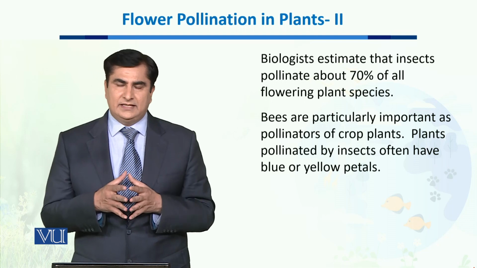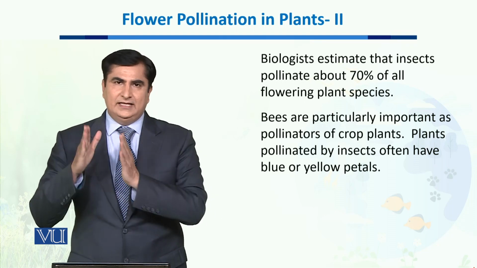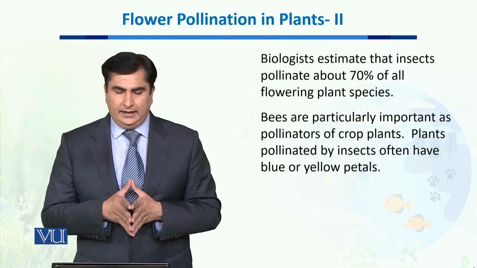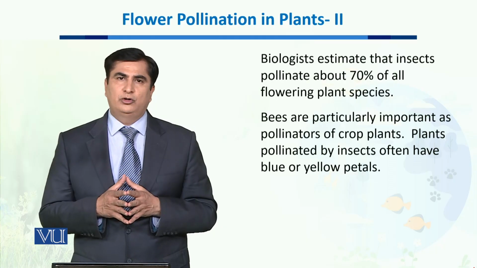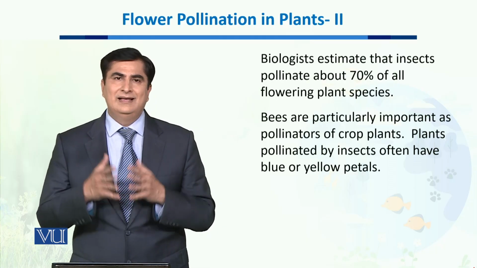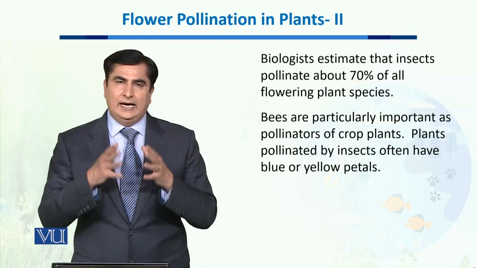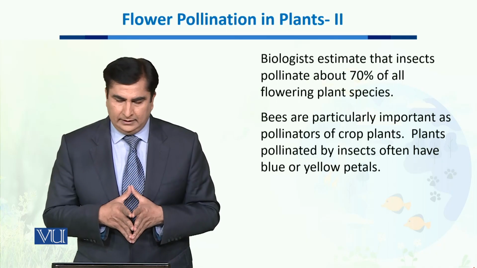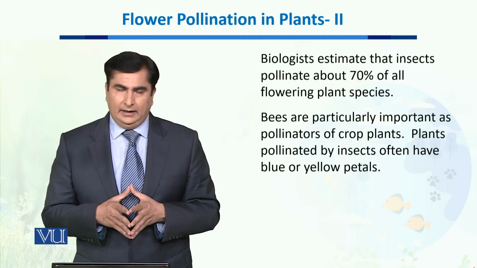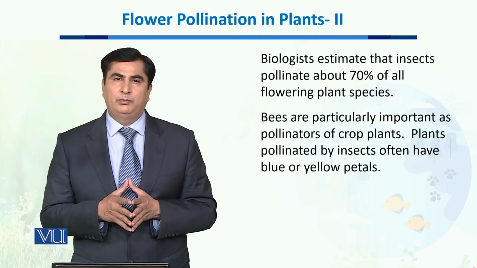Now, biologists estimate that pollinator insects pollinate about 70% of all flowering plant species. Bees, especially honeybees, are very important as pollinators of crop plants.